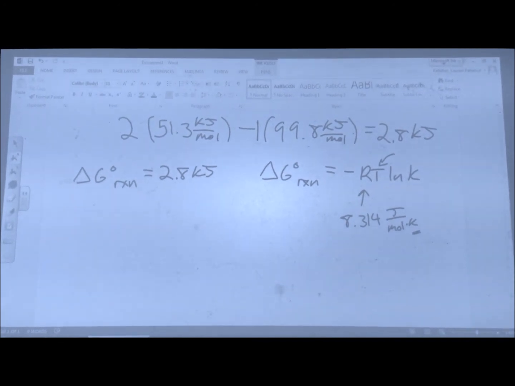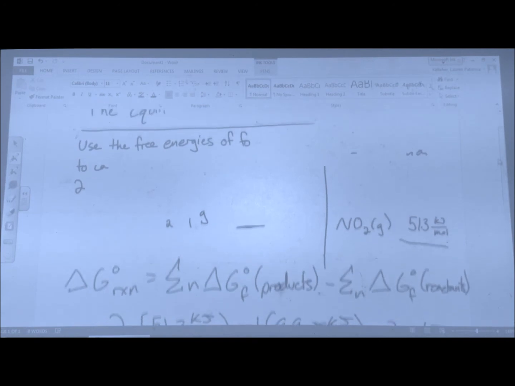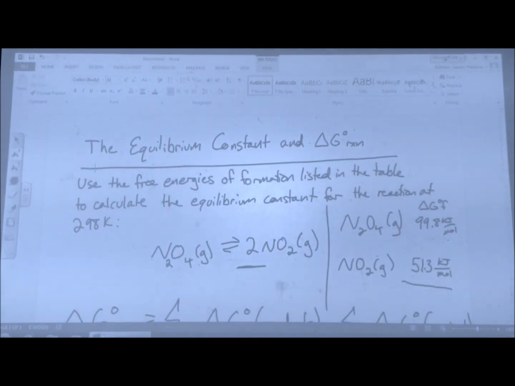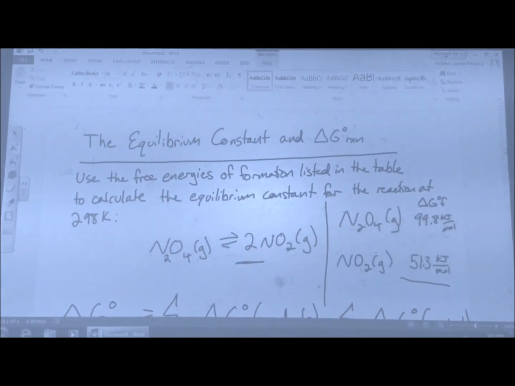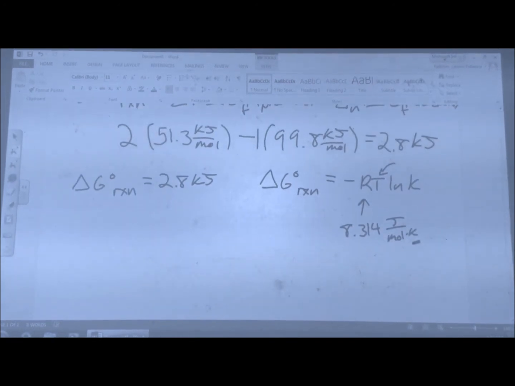But if you look back at the problem, the temperature that's given to us is 298 K. So it's already in K, so we don't have to do anything to that but plug it in.